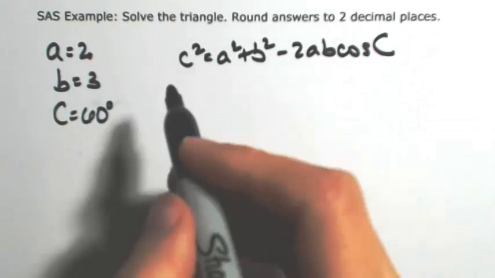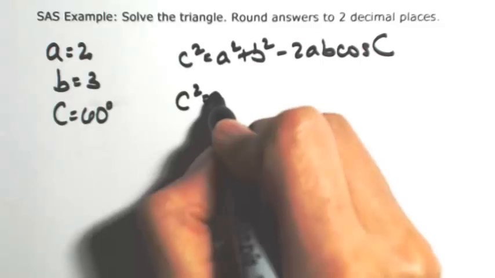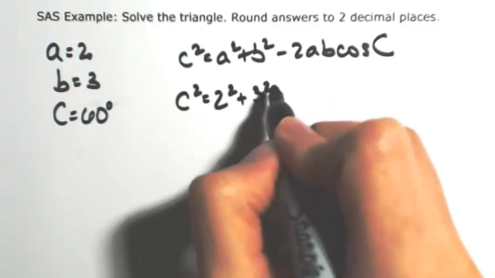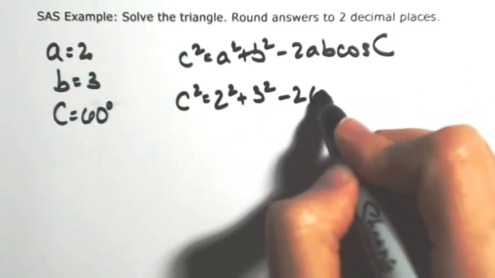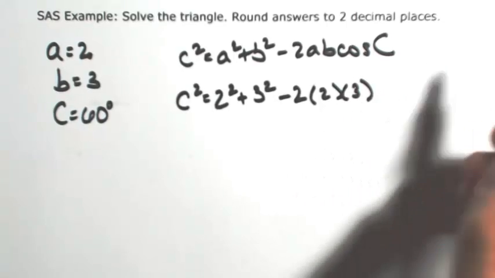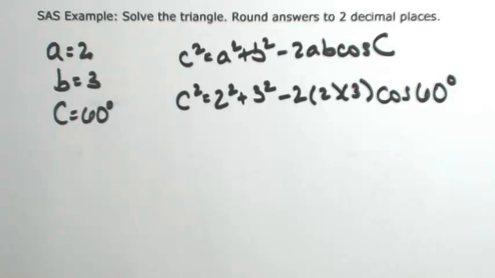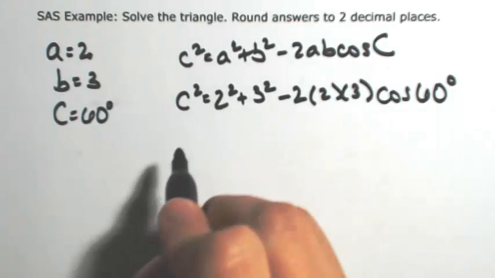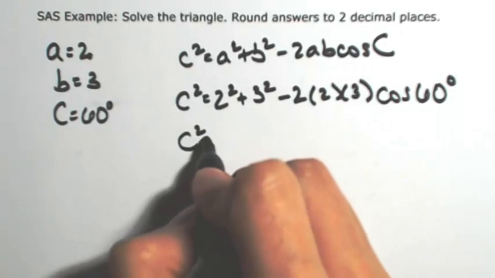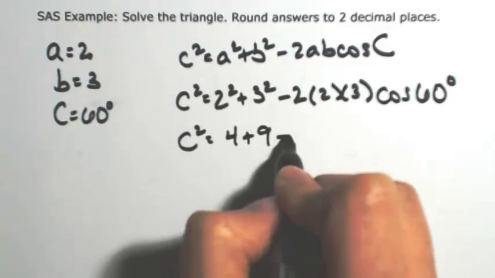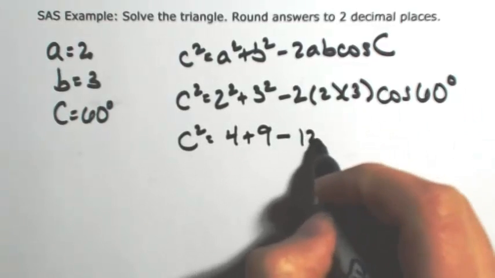You can just fill everything in. So c squared is equal to 2 squared plus 3 squared minus twice times 2 times 3 times the cosine of 60 degrees. Okay, clean this up a little bit. So c squared is equal to 4 plus 9 minus 12.